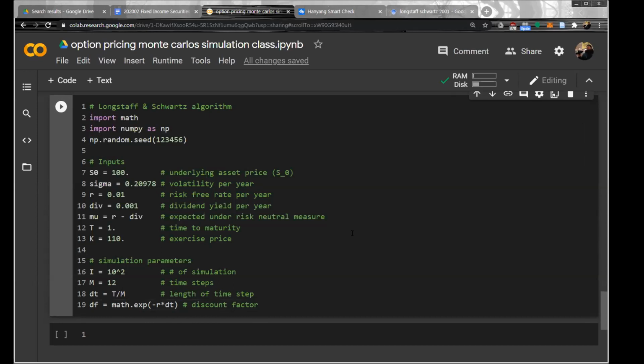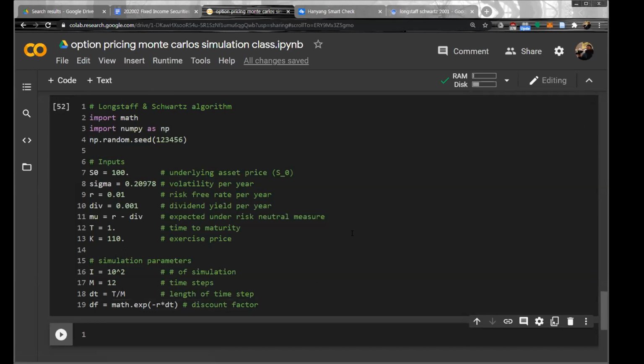Now, first, let me simulate the stock price.